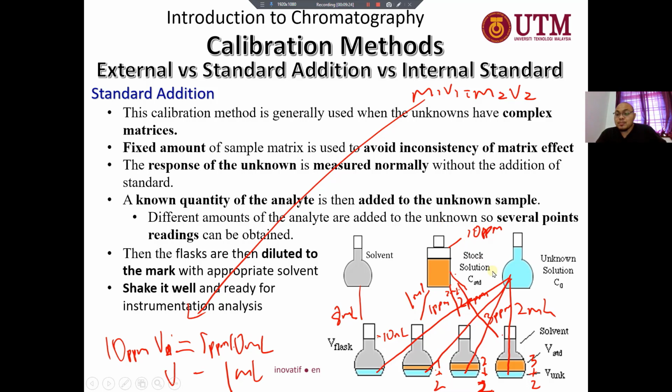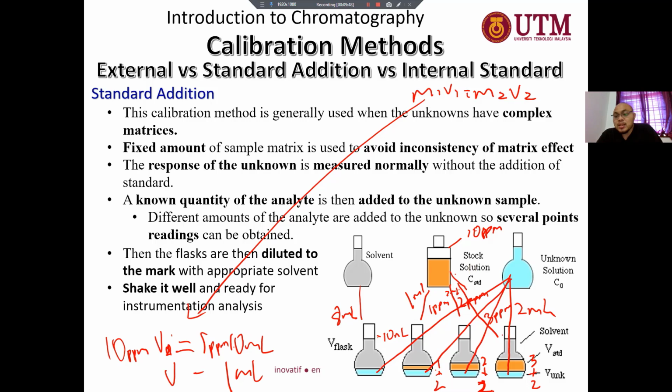But if, for example, we encounter trace analysis where you believe your sample has a minimum amount of analyte, you need to avoid the use of solvent because you don't want to dilute your sample. So when that happens, you just use the unknown solution and then you add the stock solution.